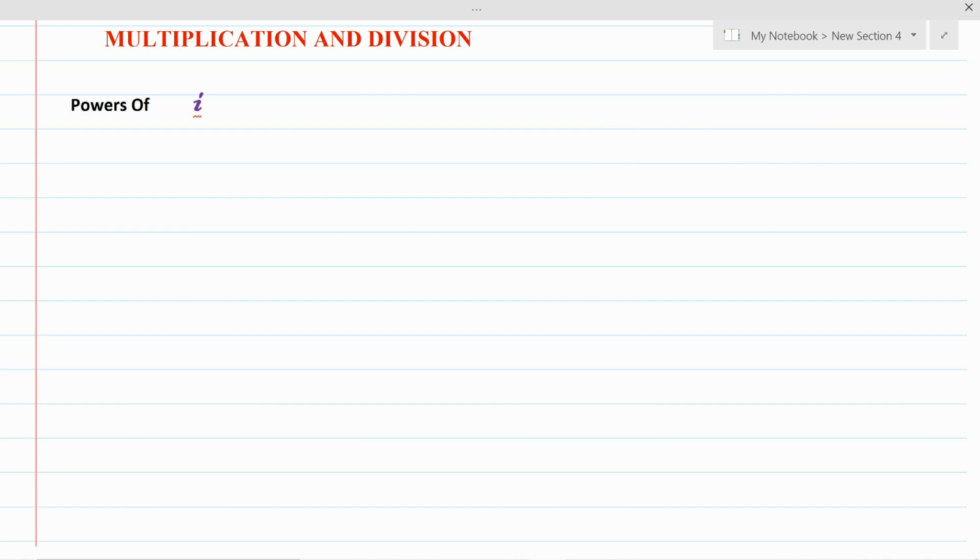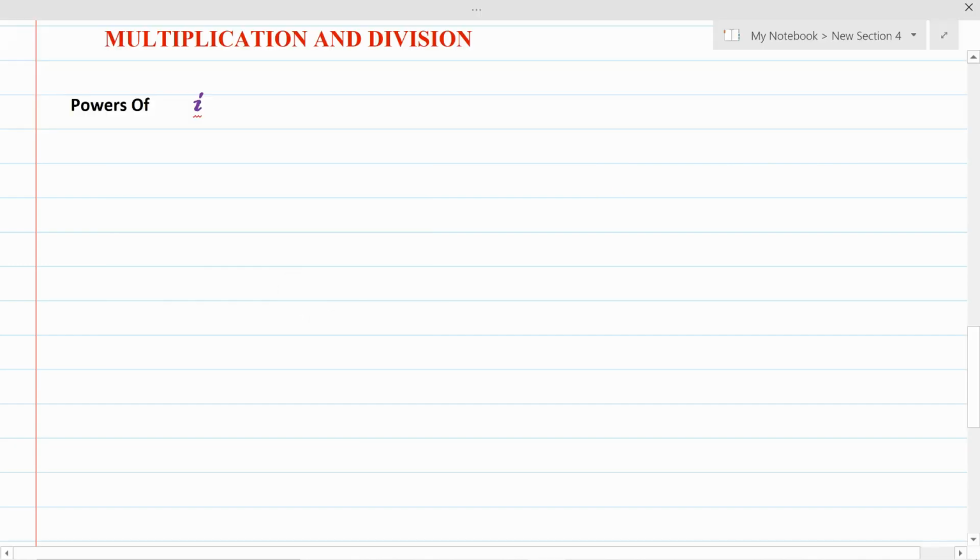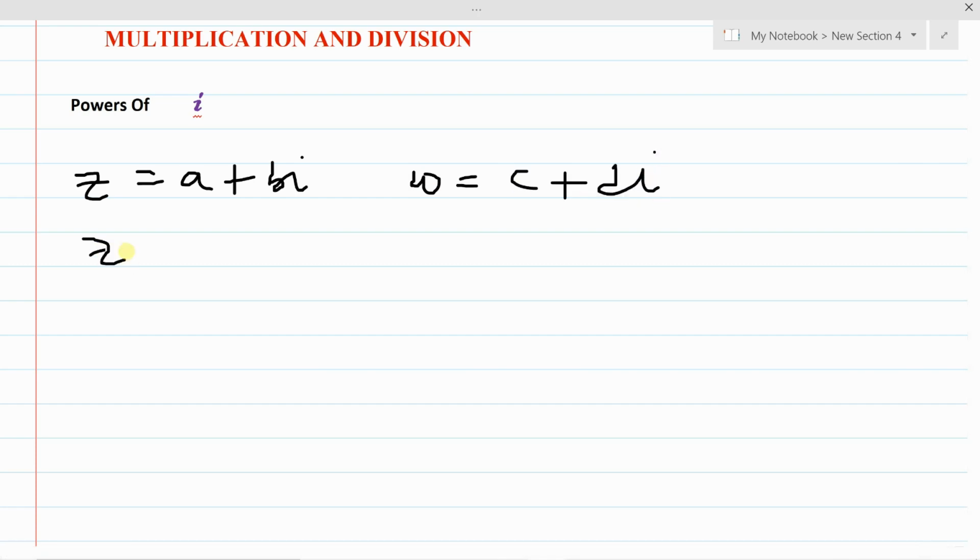If I have a complex number, say z, like we started with, being equal to a plus bi, and let's say w being equal to c plus di, then z times w, this is very simple, right?